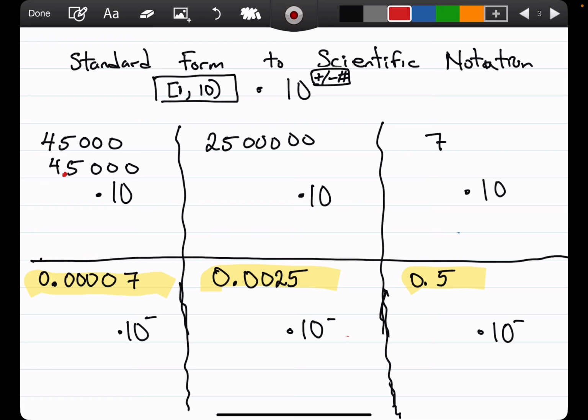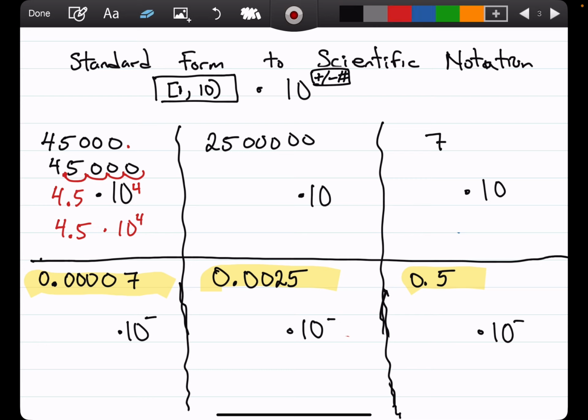So now this is between 1 and 10. See, 4.5. Now you ask yourself this question: how many times do we move the decimal point? So now let's move it back. 1, 2, 3, 4. So that tells me my exponent is 4. So 4.5 times 10 to the power of 4.